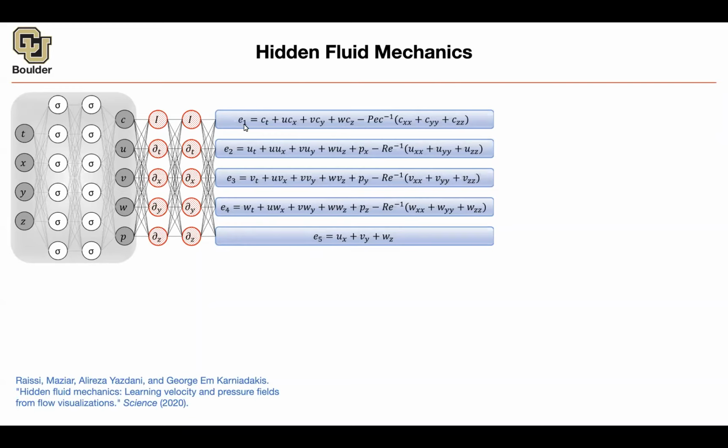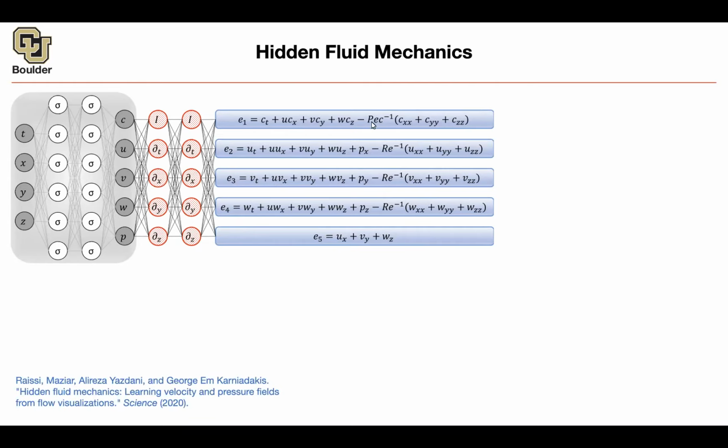And then you have an equation for the concentration, which is being advected by the flow. It's being pushed by the flow, and it's diffusing. So this is the diffusion coefficient for the concentration, and the Reynolds number is related to the diffusion coefficient for your fluid.